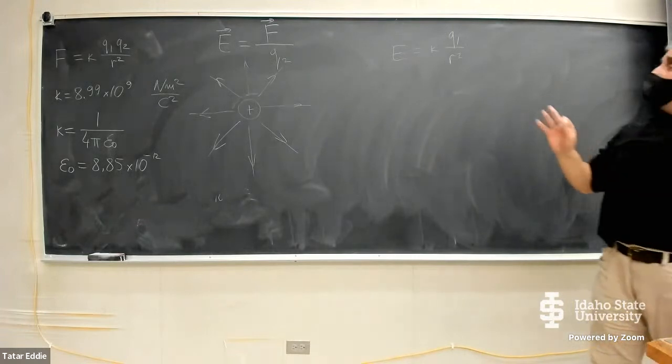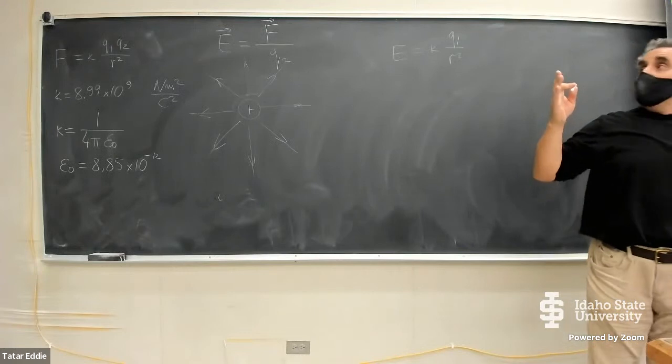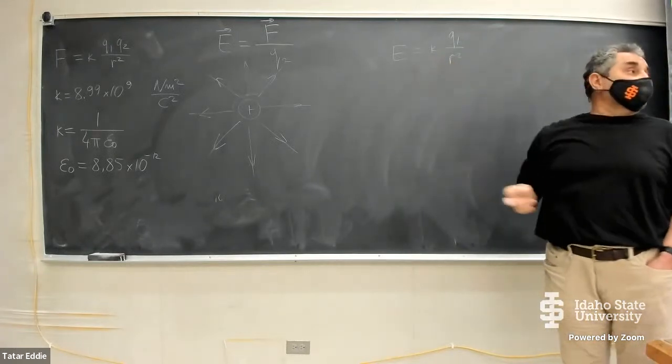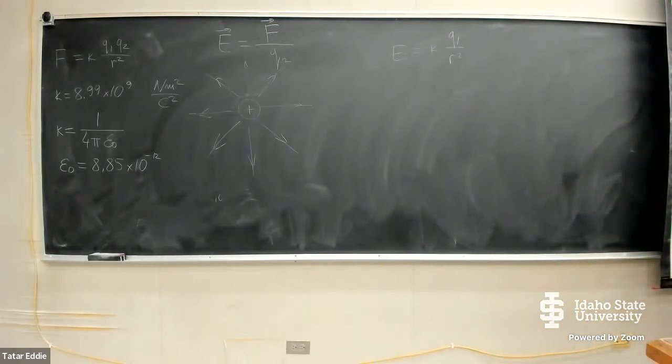So this is one equation that describes the magnitude of the electric field. And again, this equation doesn't give you the direction of that electric field. Usually you either have to describe it with words, or you have to calculate it as you have in question two in the homework assignment, where you have to calculate both direction and magnitude of electric field.